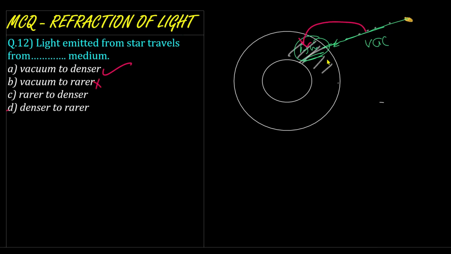Rarer to denser is also correct, but this is a vacuum, so we do not consider it rare; its refractive index is considered 1, right? That's the reason we cannot take this option, and denser to rarer is definitely incorrect. So the most appropriate answer is that this is vacuum, and then it enters air, and air acts as a denser medium in comparison to vacuum.